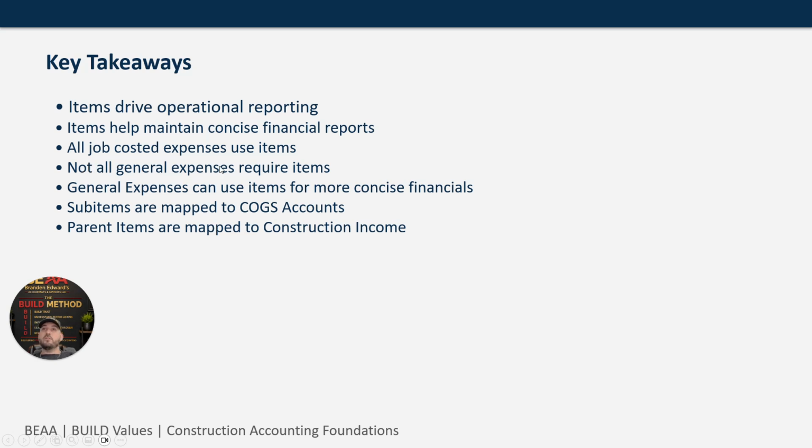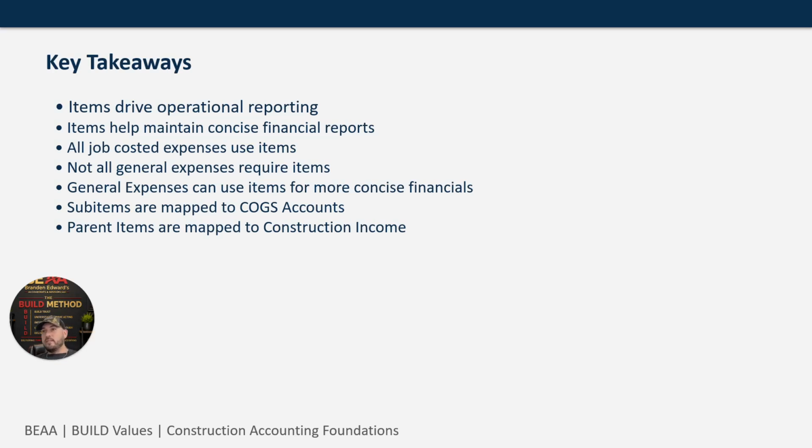Not all general expenses require items. That's correct. We only use them when we want to create a more concise profit and loss. If we have a Google software renewal and we normally tag that client to software expense, we don't really need an item to make it go to software expense. It's not job costed, it's a general administrative expense, so tag it straight there.